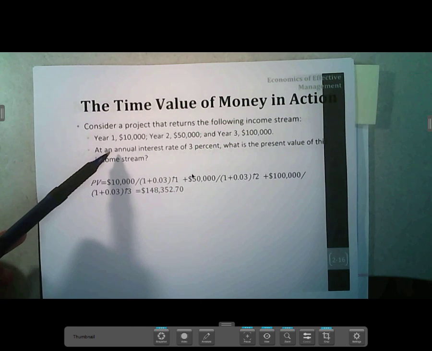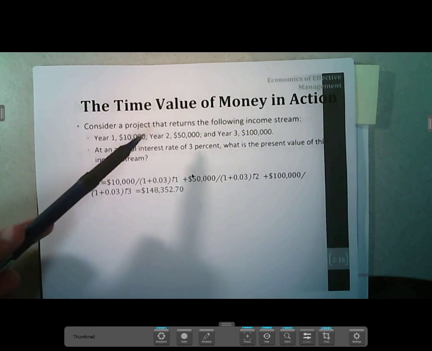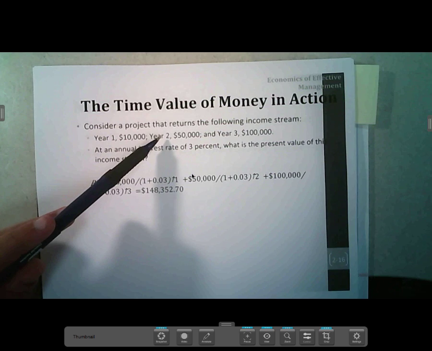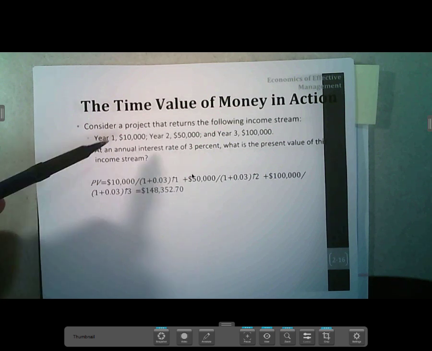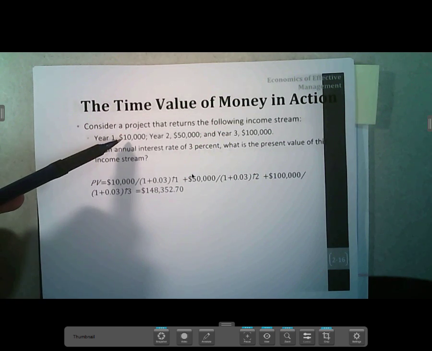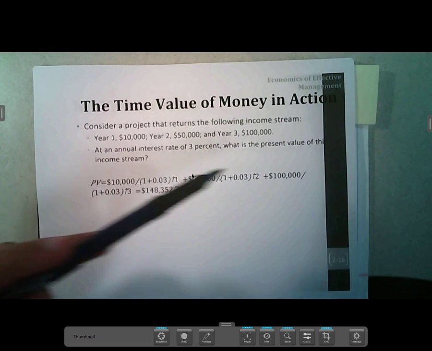If we say that the interest rate is 3%, then by not getting the $50,000 until year 2, I'm losing a 3% rate of return I could have been receiving now. And even in year 1, if I'm not receiving it till the end of year 1, I'm losing 3% interest.